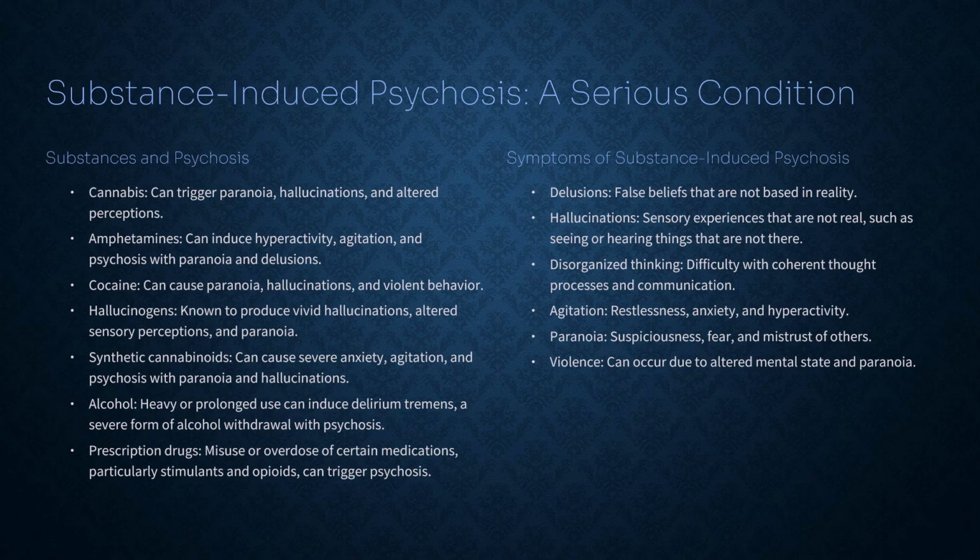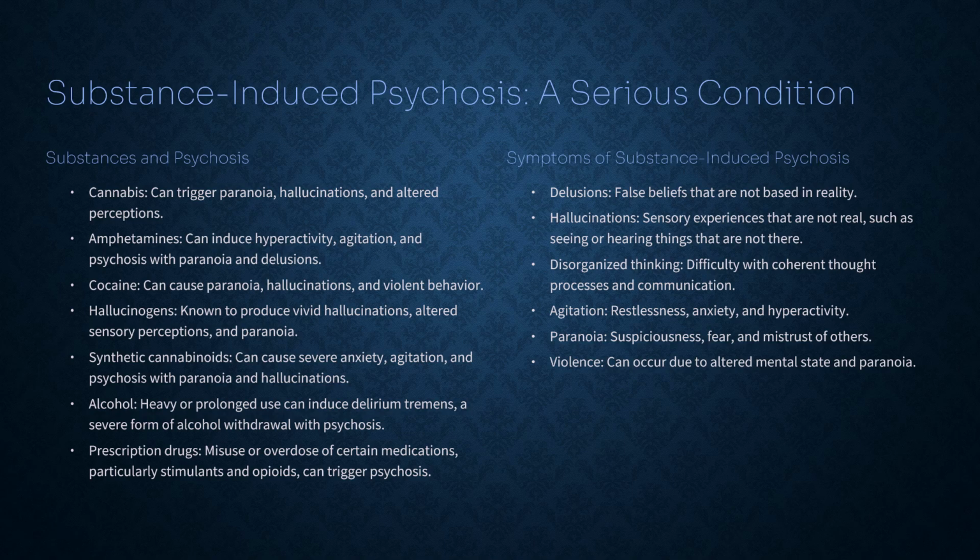Less commonly we see other substances also. If a patient has taken amphetamine, the patient will come with hyperactivity, agitation, again psychosis with paranoia and delusions. Cocaine we see less commonly in our settings, but again the patient can have paranoia, hallucinations, violent behavior.